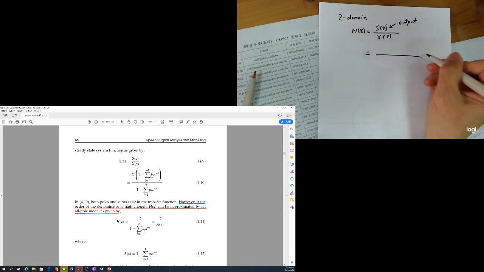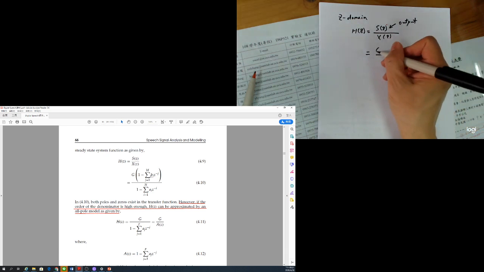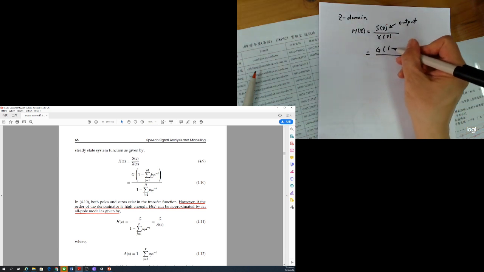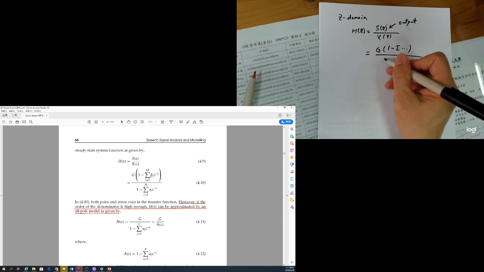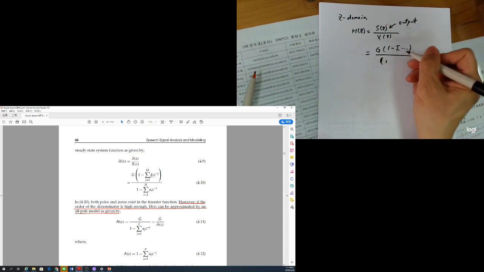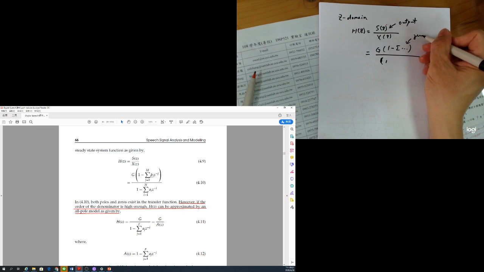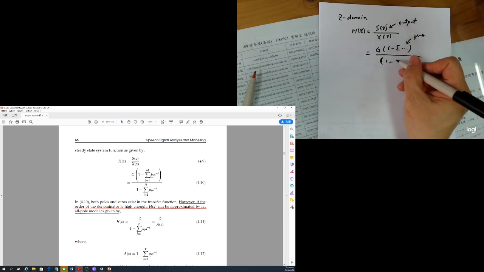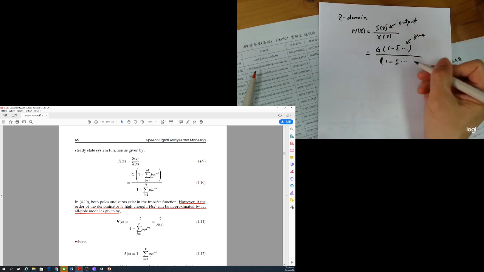If you are trying to get the transfer function, you have a gain, and you have a 1 minus something. Also you have a pole here. The zeros are where the numerator equals 0, and this one is your pole.